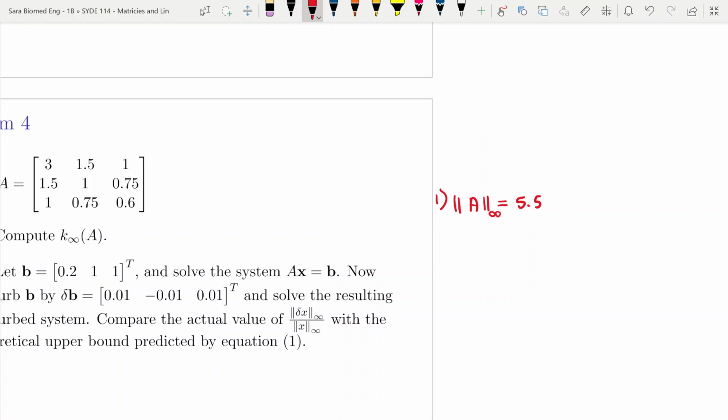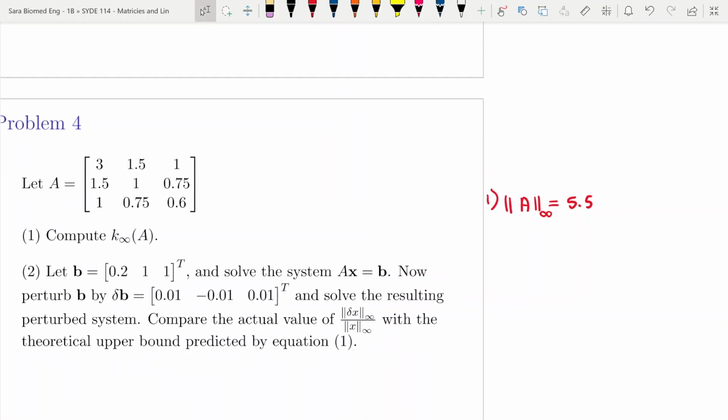Okay, let's solve this problem. First of all, let's compute A inverse. You can get the augmented matrix and try to reduce it to the identity, or we can use the cofactor method. Here I'm just going to use the cofactor method.